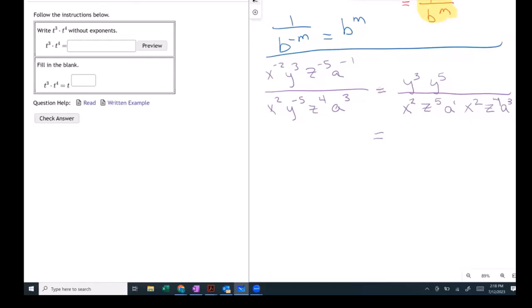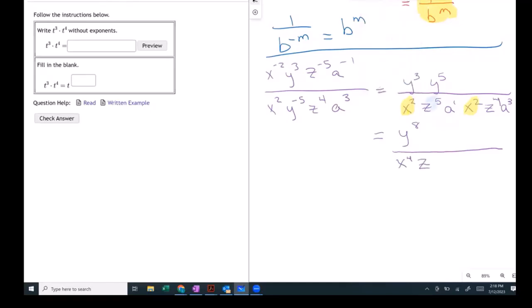When we have a base to a power times a base to a power, we add the exponents. Now I'm going to collect all my x's. Here's an x squared, and here's an x squared. X squared times x squared is x to the 2 plus 2, which is 4. Now let's look at our z's.